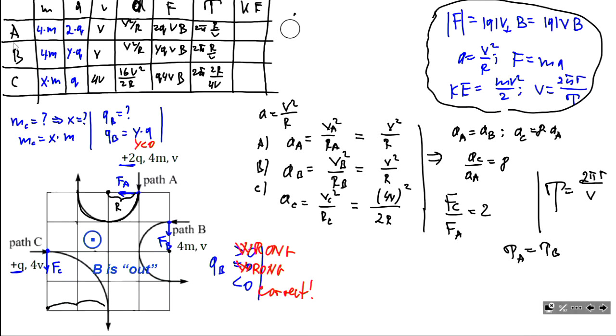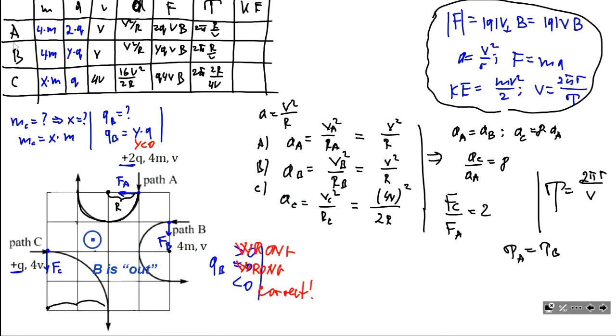There's one thing I want to fix because breaking rules is wrong. I broke a rule which says don't use the same letter for different variables. Capital R is set for a specific distance. It describes, for example, the radius of a circle for particle A. So I cannot use the same variable for any generic radius.